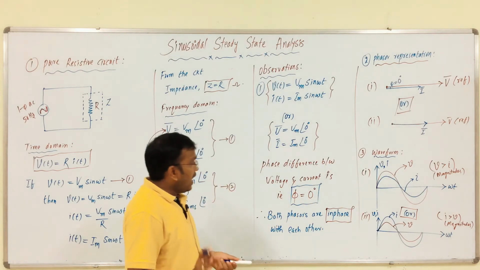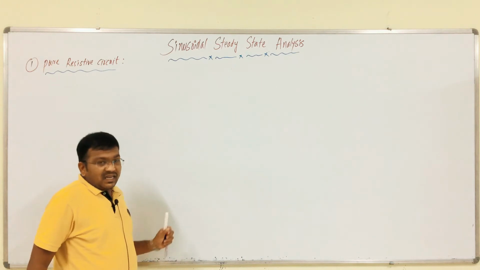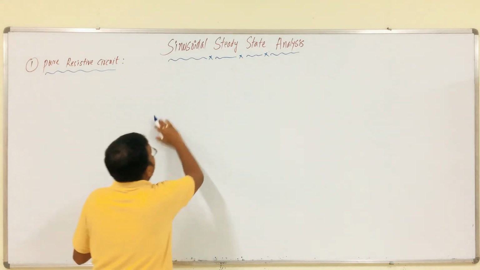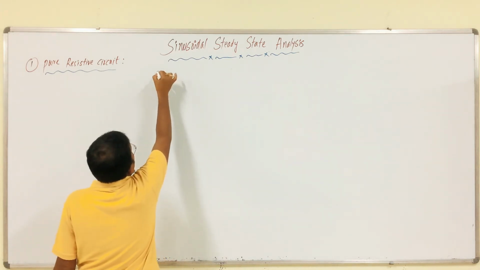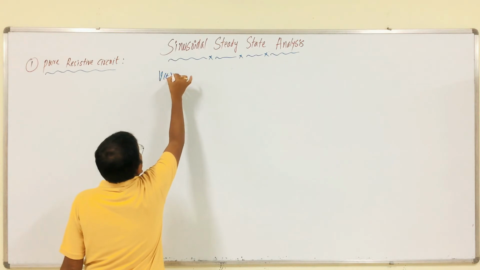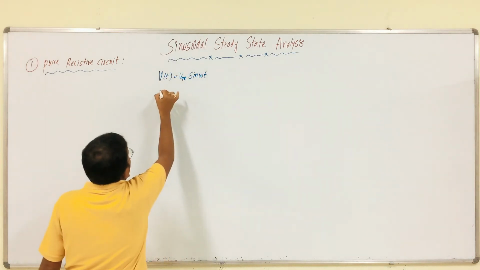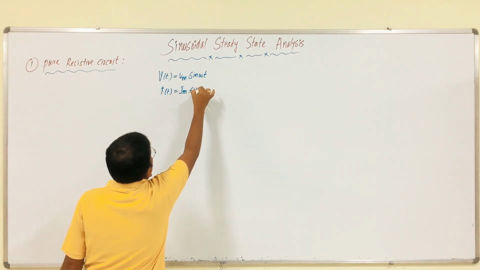For that, I would like to discuss one important note point. To get the clear cut concept of phasor representations, here I am considering a pure resistive circuit. What we have? V of t is equals to Vm sin omega t. Current is equals to Im sin omega t.